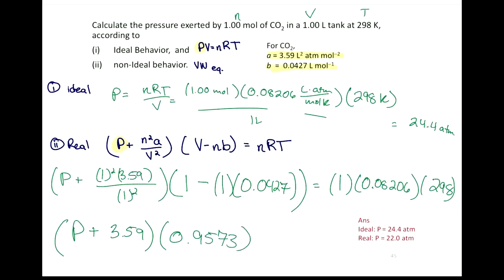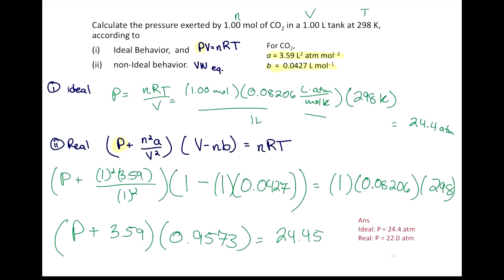What that means is that if our tank is 1 liter and we have 1 mole of CO2 in it, if we consider the actual volume of the particles themselves, there's only 0.95 liters of space for those gas particles to bounce around in. That's what the subtraction term is. That equals 0.08206 times 298.